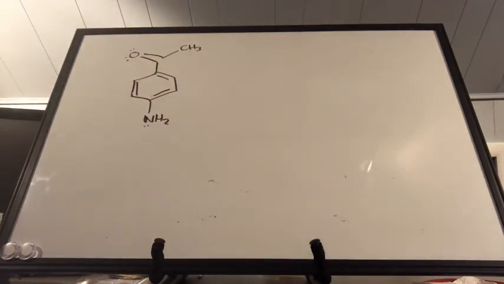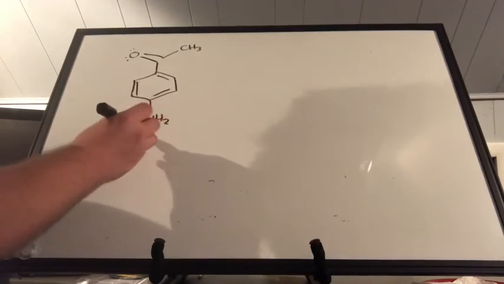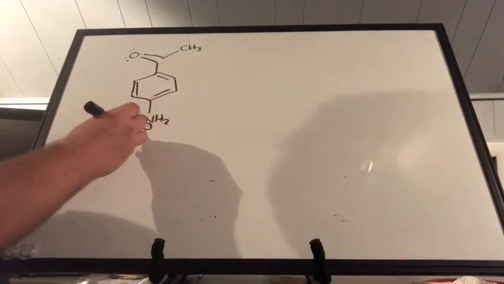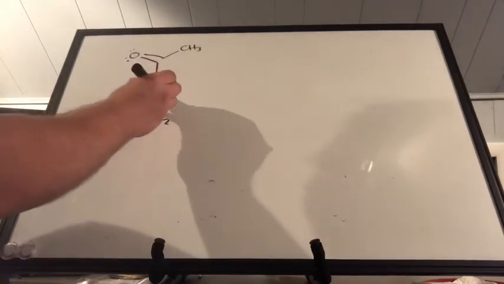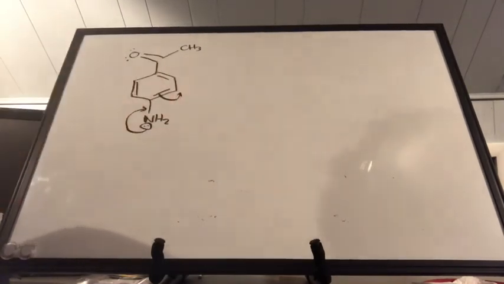Okay, so with that said, we need to start pushing electrons to see if there's any type of resonance stability about this particular compound. So what we're going to do is take these electrons here, push them in, and push these electrons out.